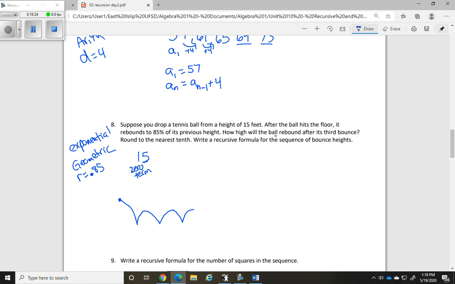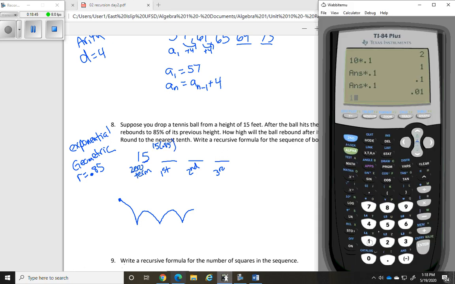How high will the ball rebound after its third bounce? So this will be after the first bounce, this will be after the second bounce, and this will be after the third bounce. So I want to do 15 times 0.85. 12.75.